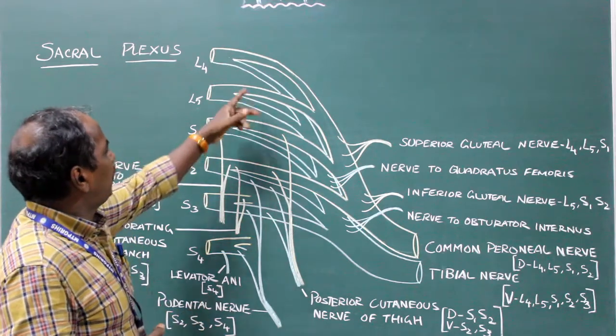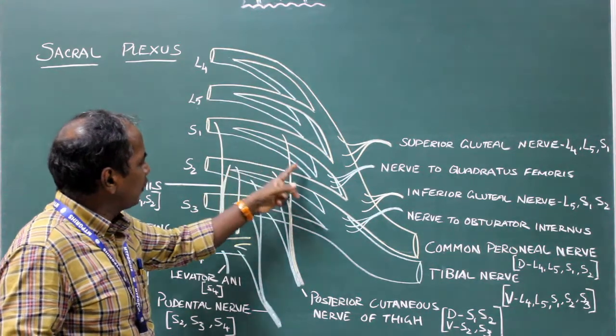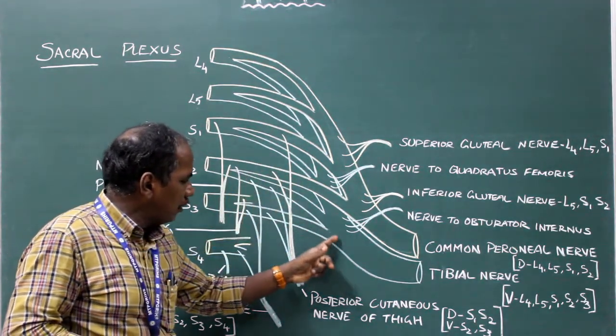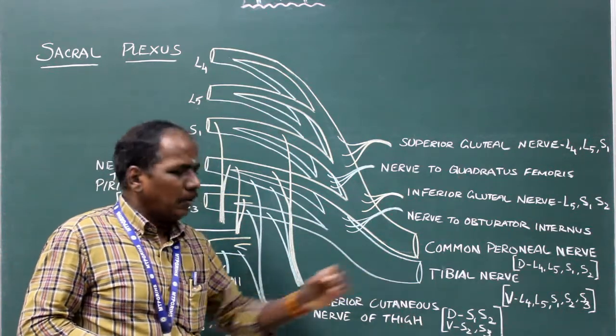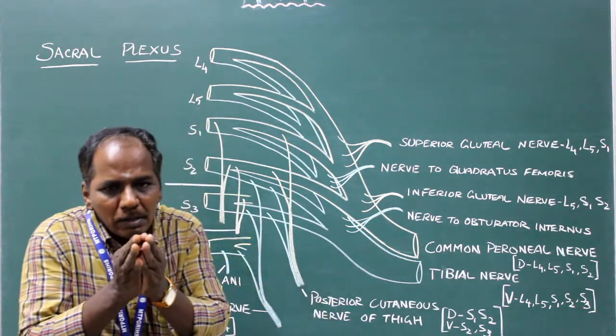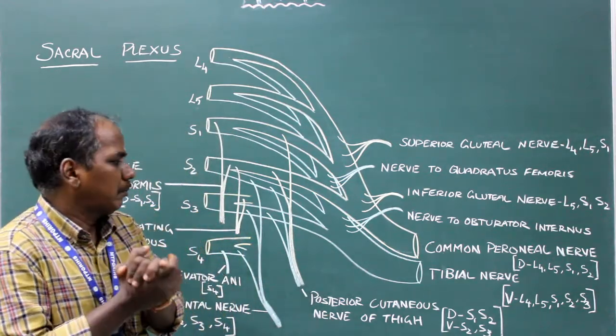The ventral division of L4, L5, S1, S2 and S3 spinal nerves joins to form the tibial nerve. These two nerves together form the components of the sciatic nerve.